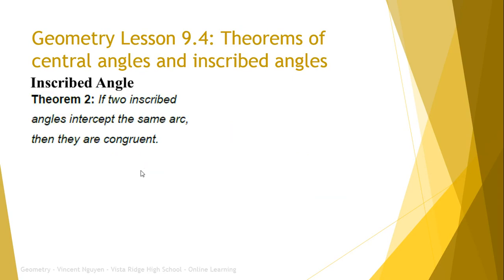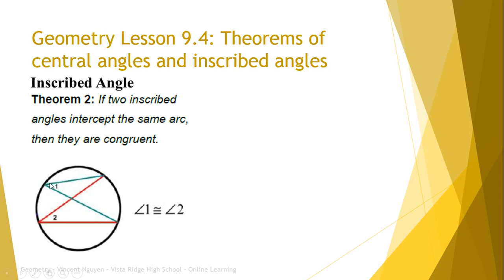Let's talk about the second of the inscribed angle theorems. It says if 2 inscribed angles intercept the same arc, then they are congruent. It makes sense: if angle 1, this inscribed angle, has this intercepted arc over here, and angle 2 also has this intercepted arc, that means the two angles must be equal to each other.